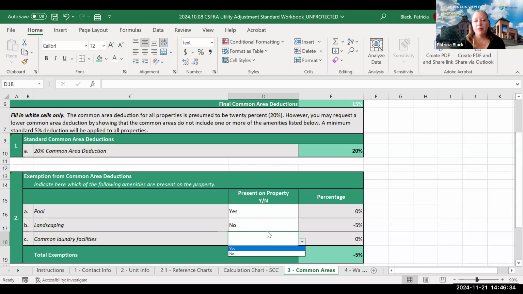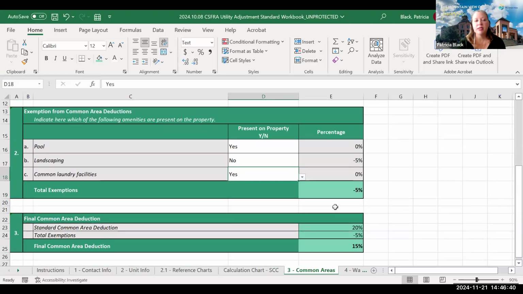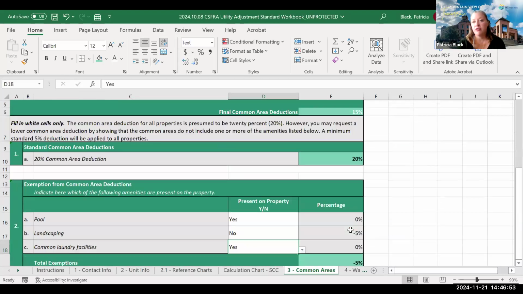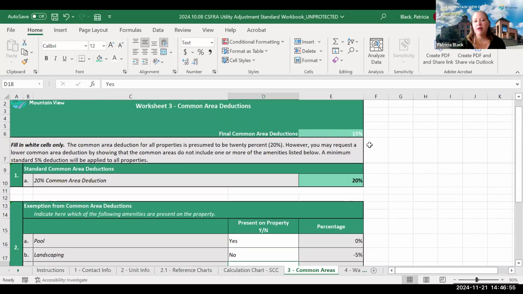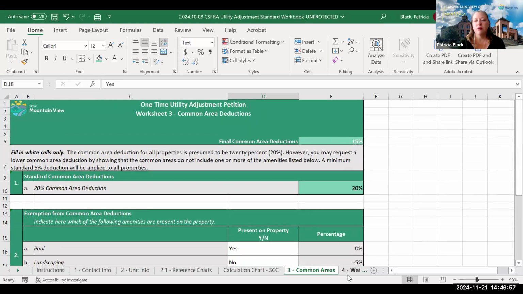So I am claiming a 5% deduction, and I do have laundry facilities. So in this case, it's looking at my basic standard common area deduction, and then taking this exemption because I do not have landscaping, I now have a common area deduction of 15%. You can see it's up here, final common area deduction, good to go.